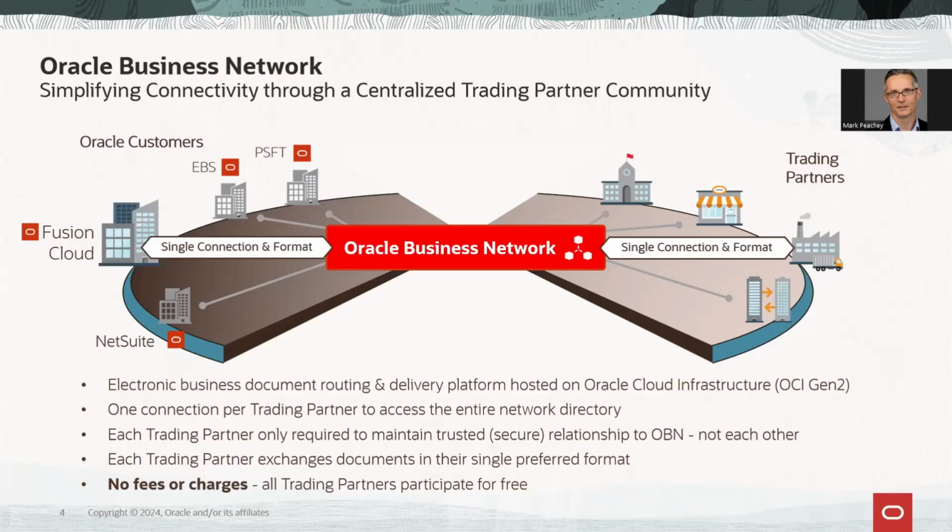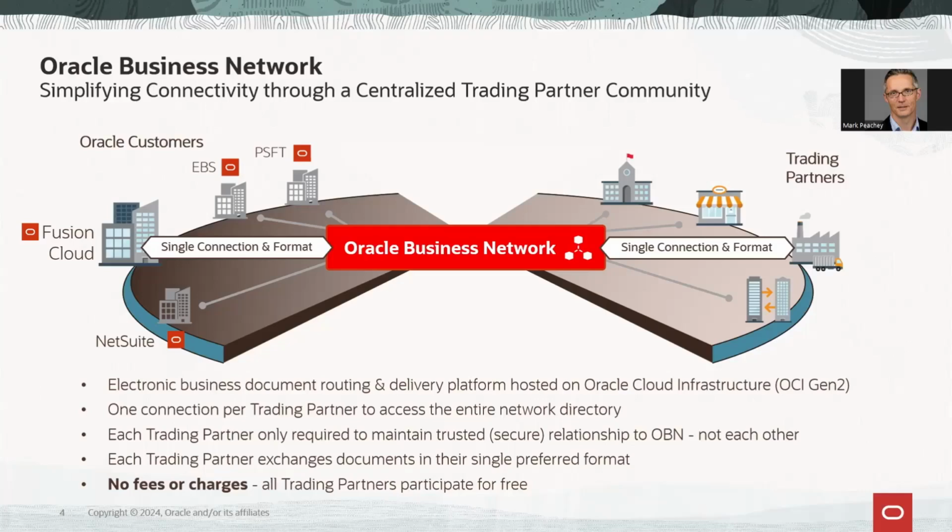And once this has been done, OBN is largely functioning as the postal service, or, given my roots, I would say the Royal Mail, allowing for the addressing of documents that wish to be sent to various folks. OBN is just the mechanism by which it is able to read the envelope that is being transmitted and work out that this is coming from customer X, needs to go to supplier Y, and will therefore effect delivery of that document.